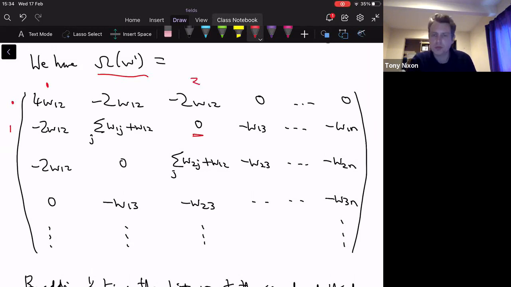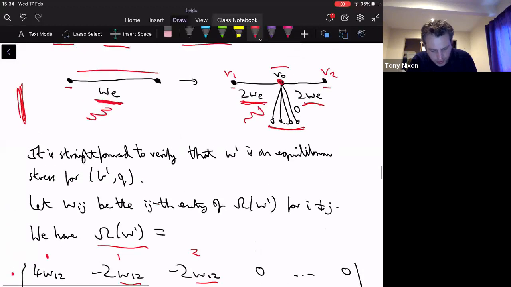So that's the edge that we got rid of. So we got rid of it, so it's now become a 0, whereas it wasn't before. On the edge from the new vertex to 1, we had omega 1,2 and omega 1,2. So sorry, I didn't say this, but I've let omega ij be the ijth entry. So this omega E up here, as this was from V1 to V2, has become omega 1,2.